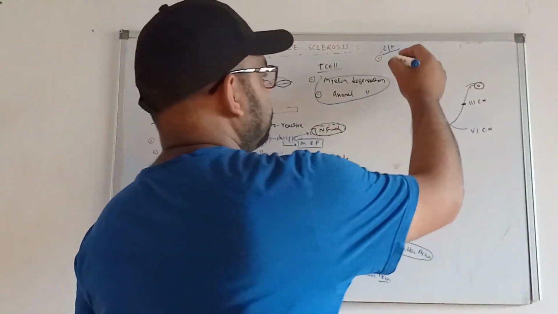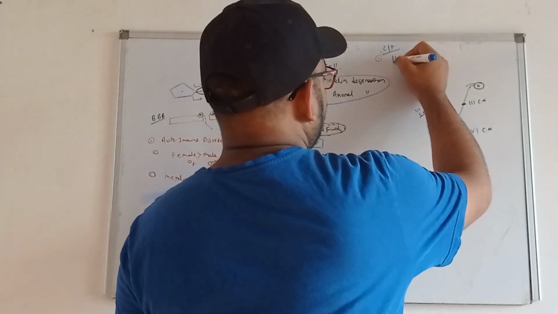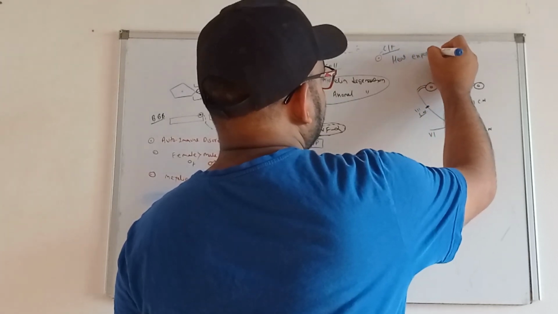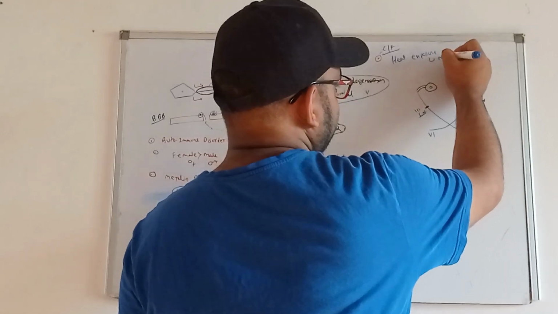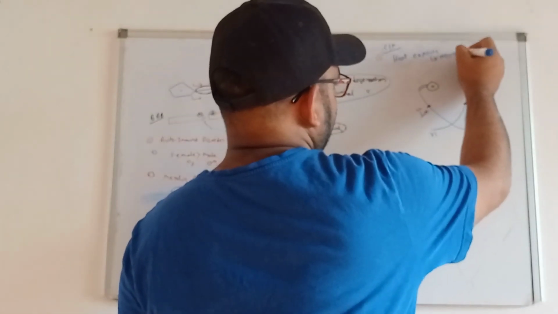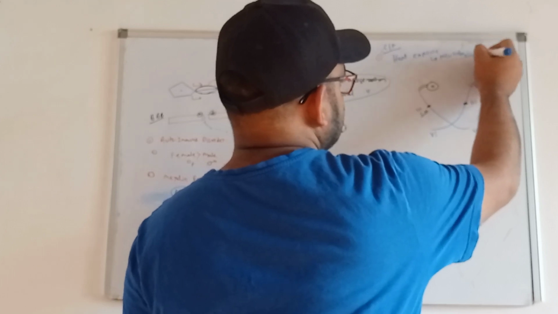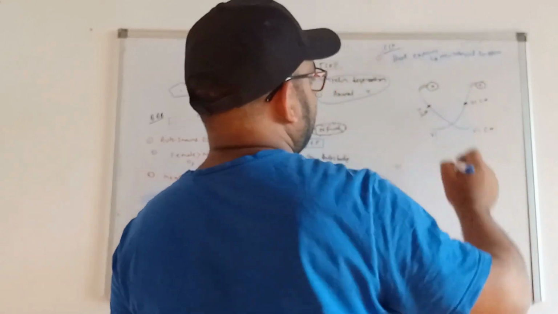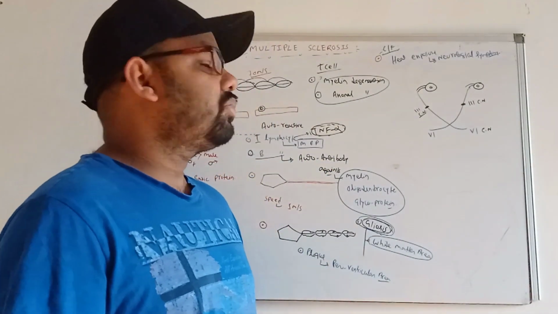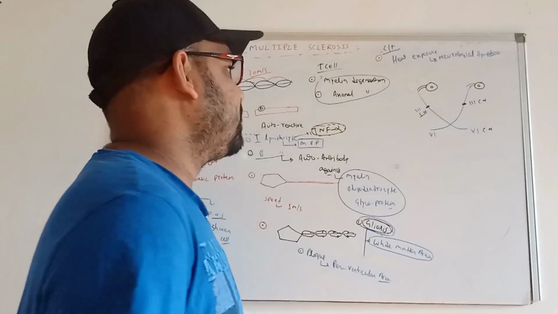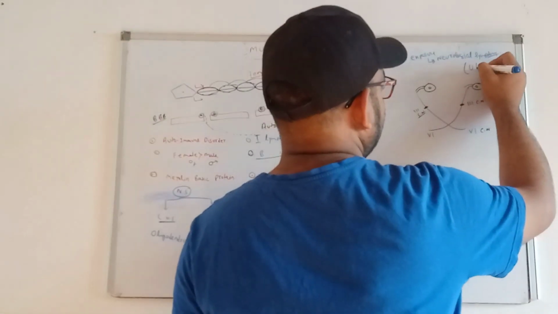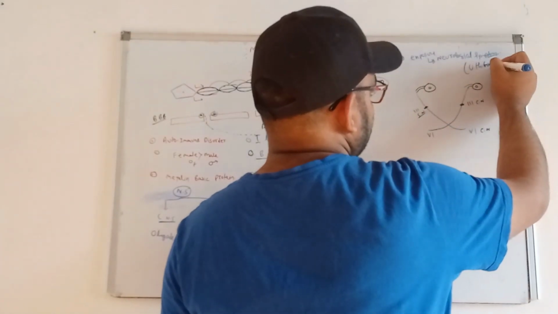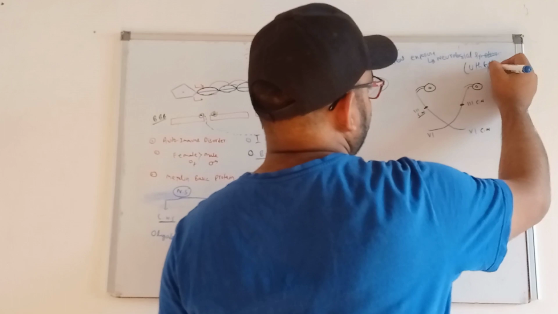On heat exposure, the neurological symptoms will deteriorate, becoming more severe on heat exposure. So it is known as Uhthoff's phenomenon. I'm sorry for my pronunciation, but whatever it is, Uhthoff, the scientist who discovered this, phenomenon.